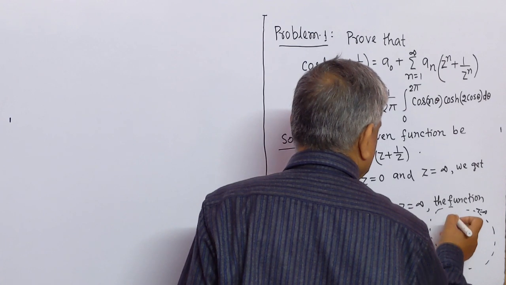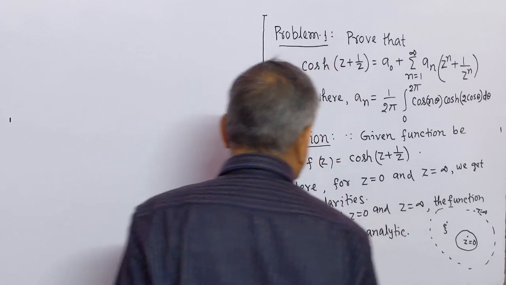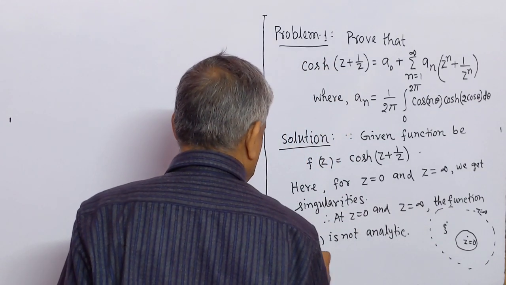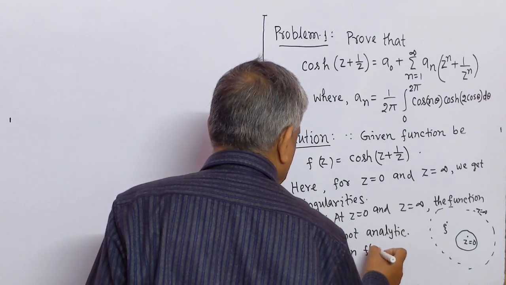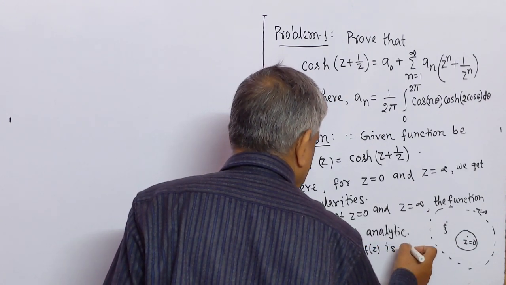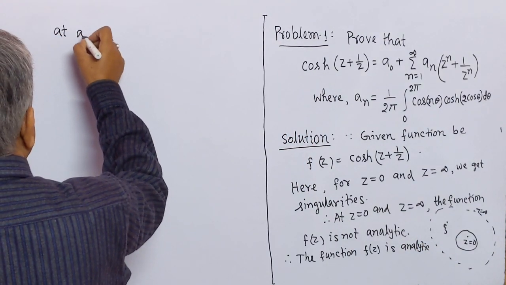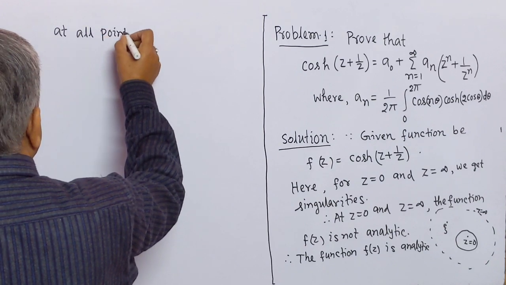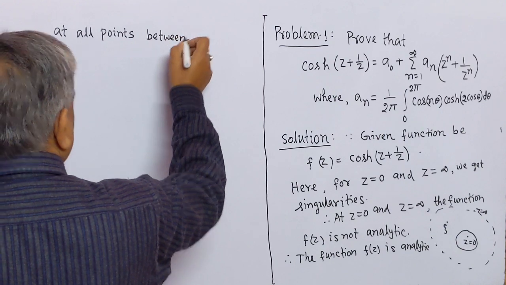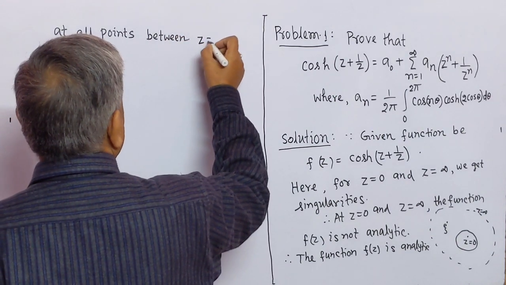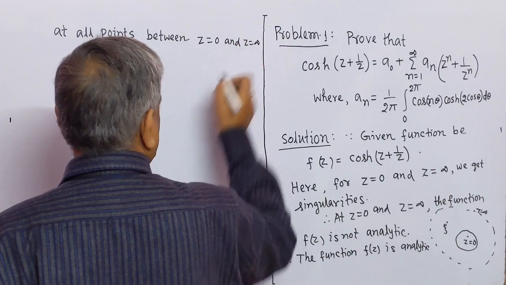So the function is analytic at the points in between. Therefore the function f(z) is analytic at all points between z equal to 0 and z equal to infinity.